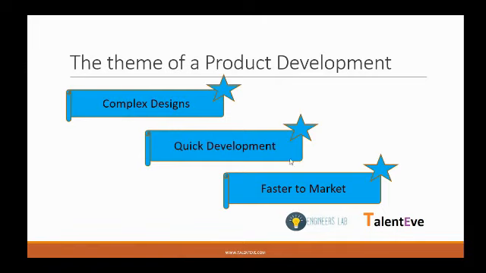So what is the theme of this product development? In the previous slide we have seen the different phases. The major theme is that designs are getting complex day by day, and these designs need to be developed in as quick a time as possible, so the development times should get faster, and organizations need to go to the market to sell their products.